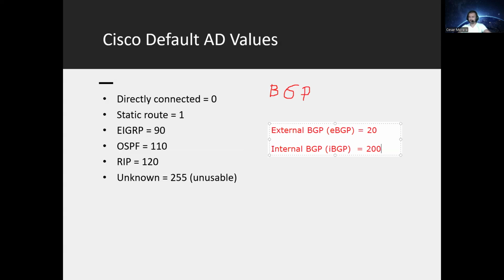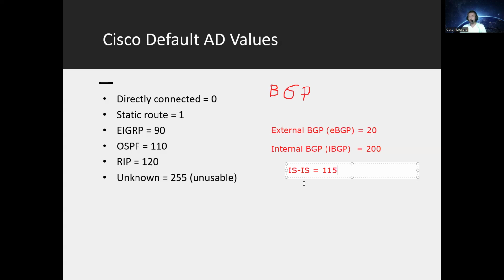Are we missing something? We have a static route is 1, eBGP, iBGP, we have OSPF. What about ISIS? It's not used so much nowadays, but ISIS has an administrative distance of 115. What about RIP? We already have it there. It's 120.